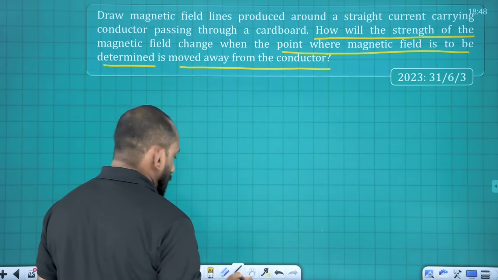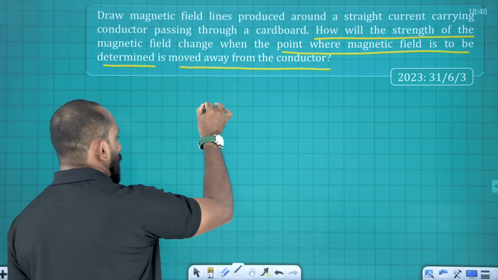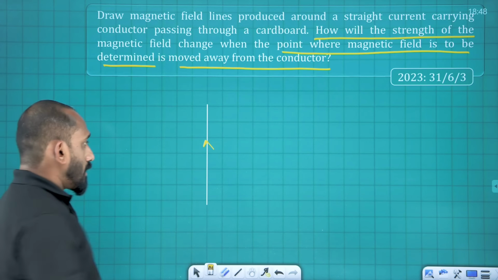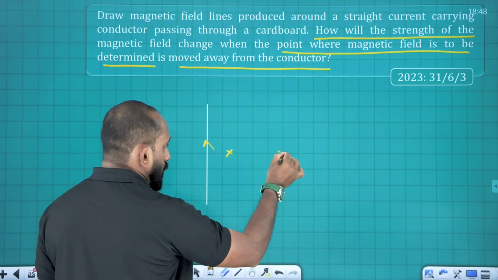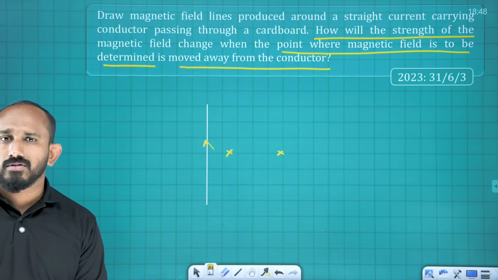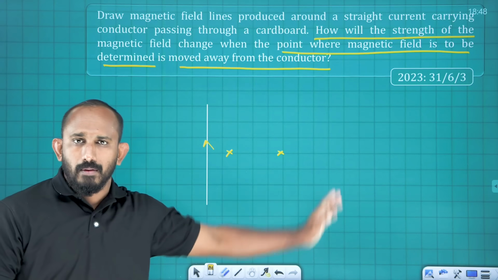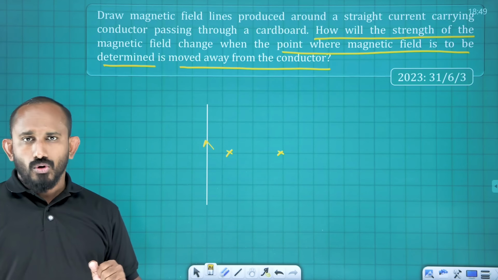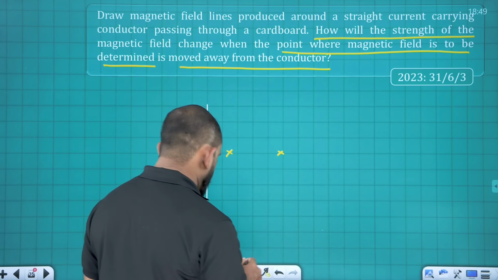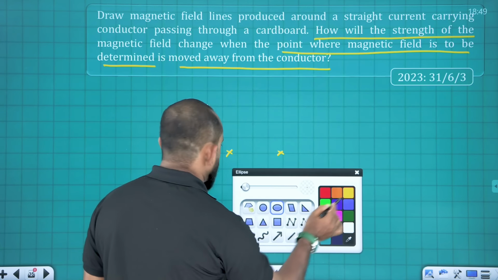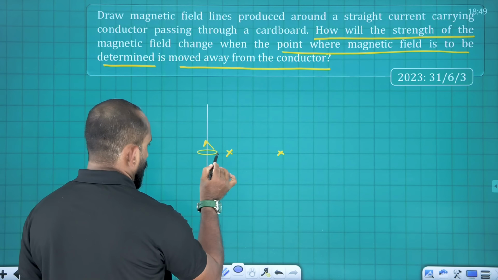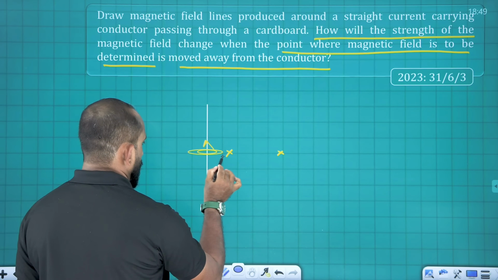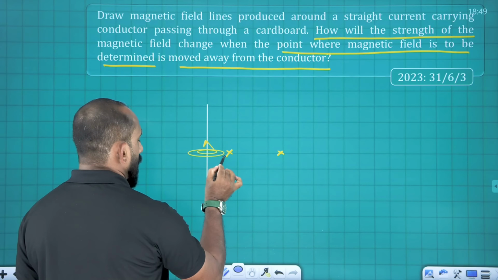So as the conductor is passing, suppose current is passing like this way, I. Then if one point here you imagine, one point here you imagine, what happens? As it moves further away, the magnetic field strength decreases. Nearby, the lines will be concentric and closer.